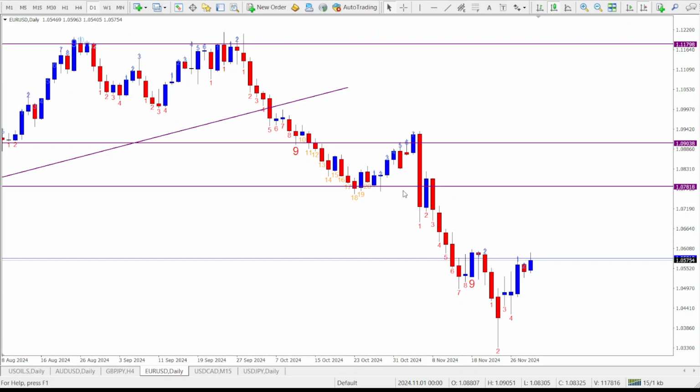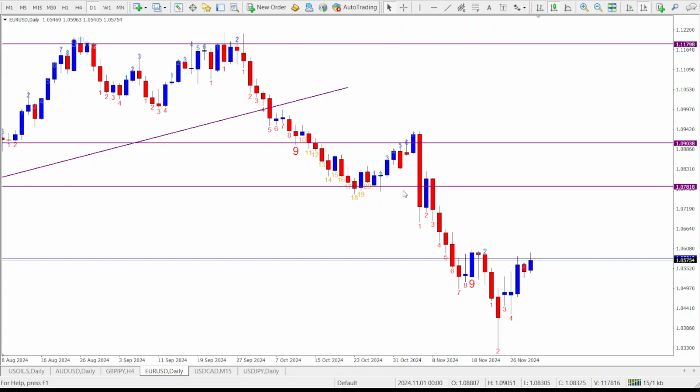Ensure that you don't risk more than you can afford to lose, and make sure that you do not risk more than 2% of your account balance in a single trade. It is not advisable at all. Also make sure that you observe a good risk to reward ratio. For example, if you are risking $1, your potential profit should be $2. That is a risk to reward ratio of 1 to 2.